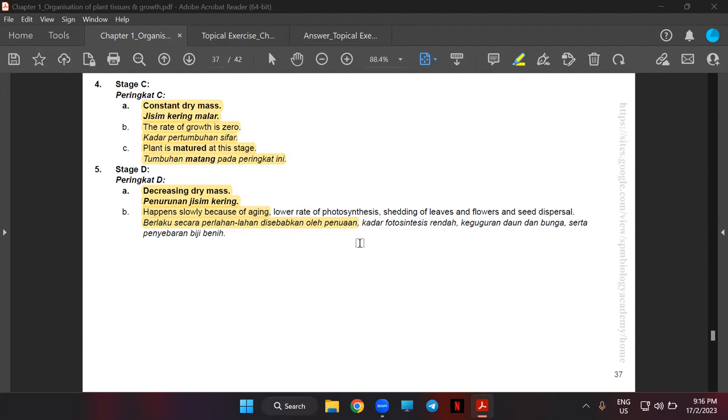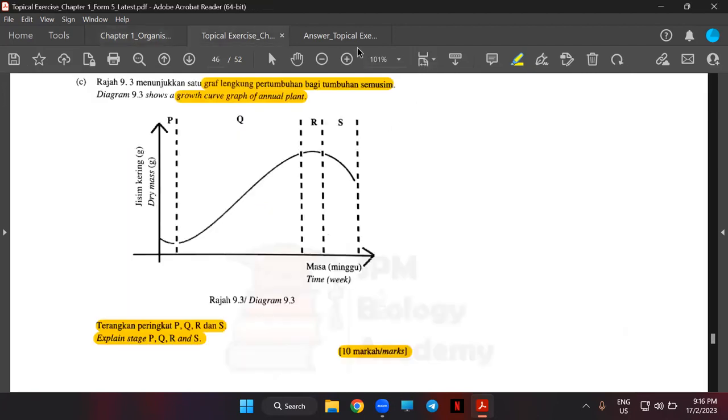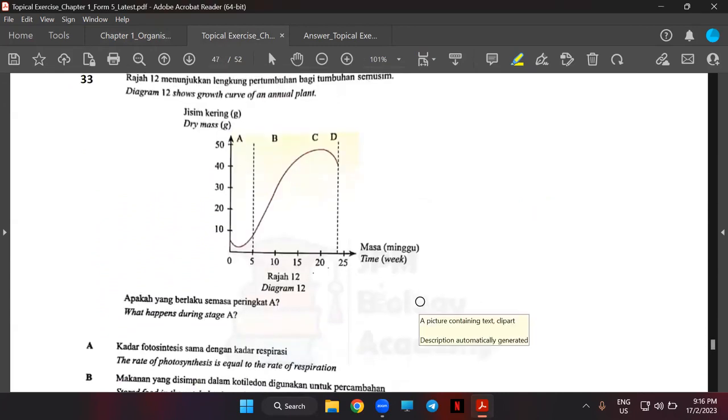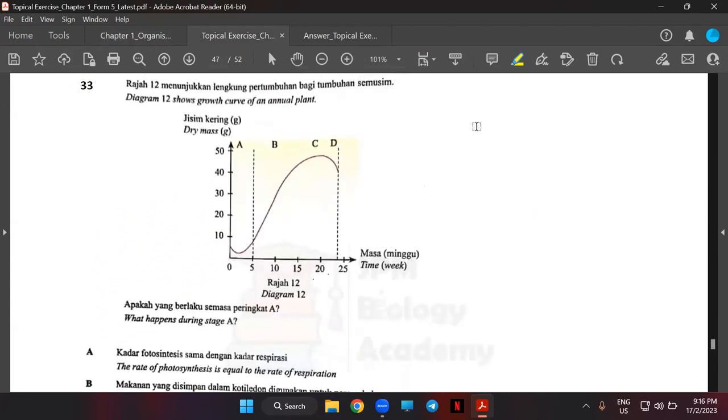Kalau dah tulis, kita bergerak ke soalan yang seterusnya. Alright, kita bergerak ke next question. Alright. Okay. 10 markah. Clear. Next. Rajah 12 menunjukkan lengkung pertumbuhan bagi tumbuhan semusim. Diagram 12 show growth curve of an annual plant.